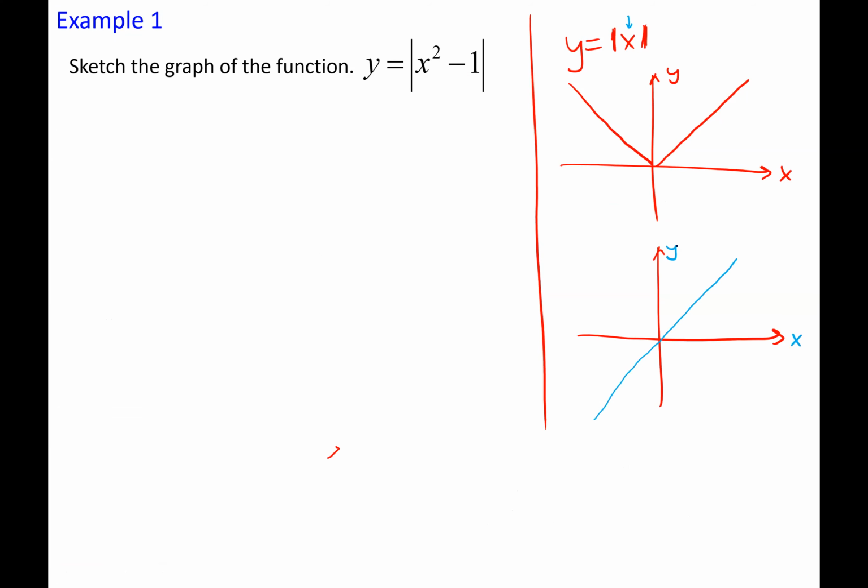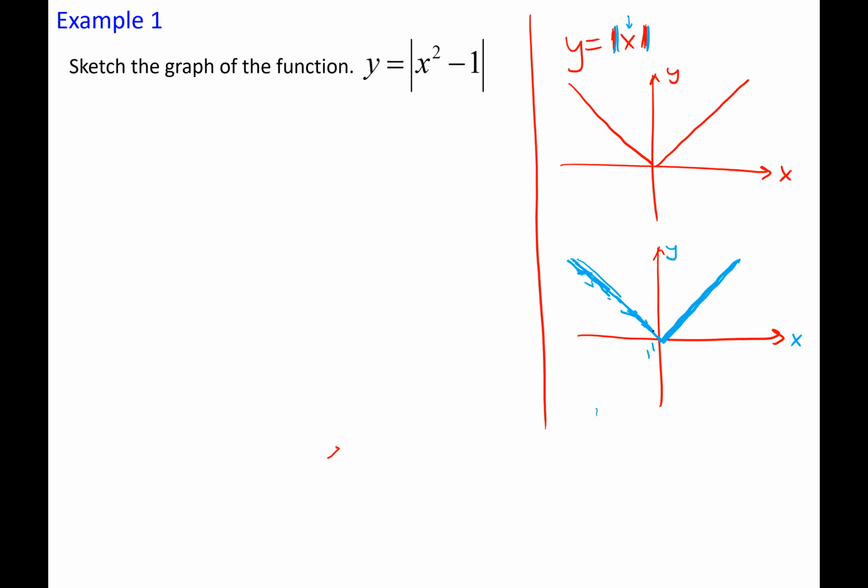Now, in order to respect the absolute value, what will I do? Everything above the x-axis will stay, because the absolute value of positive numbers is the same numbers. Everything negative, the absolute value of a negative number becomes positive. That means I will do the reflection. We don't need this part. Everything that was below has to be above. And that's the way to get the graph.